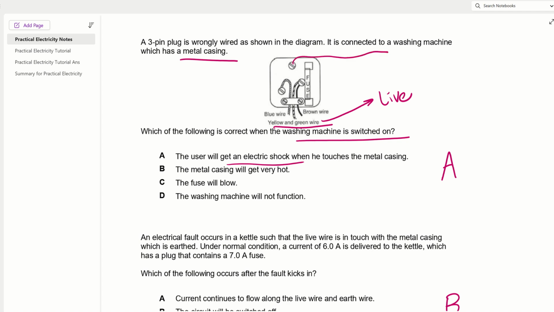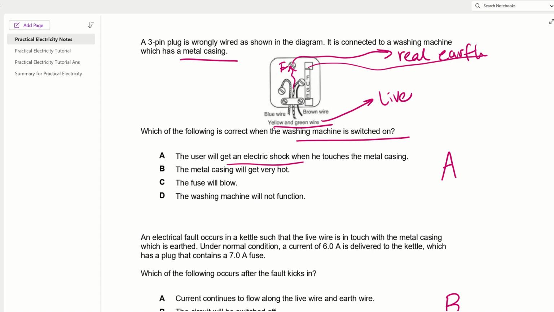This part is actually going into the real earth, that means the ground of the building. By right, this earth wire should be connected here, and it will flow into the real earth, the ground, if there is current flowing in the metal casing.